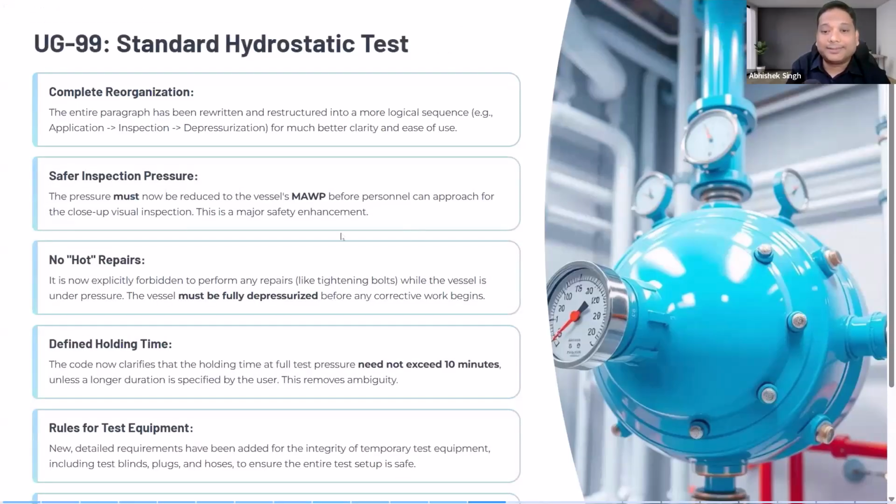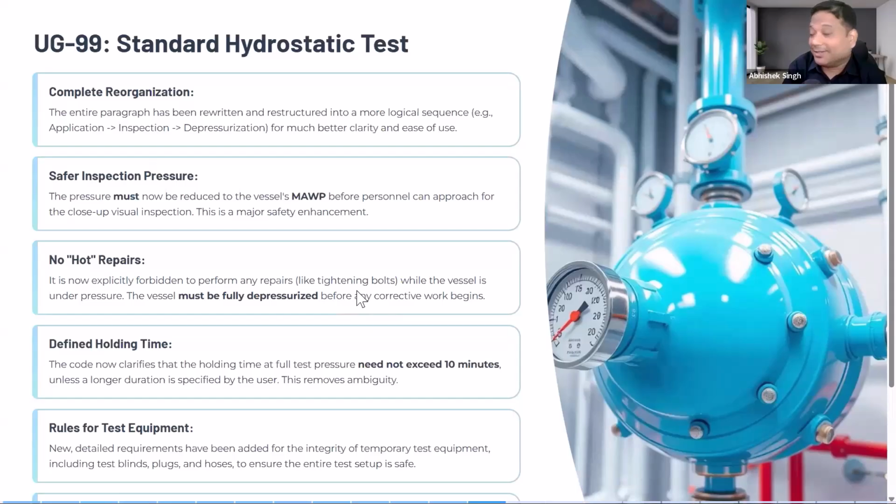Now if I show you what the changes are: complete reorganization. Safer inspection pressure. It should bring the test pressure back to MAWP value and then do the inspection. No hot repairs. Hot repairs does not only mean welding, but also tightening of bolts, any kind of activity.